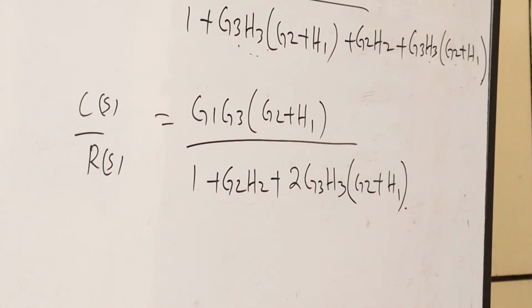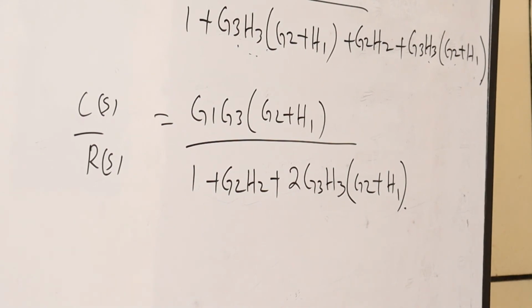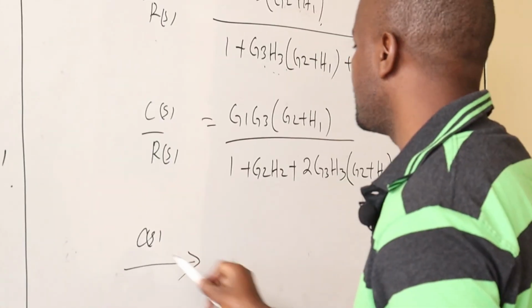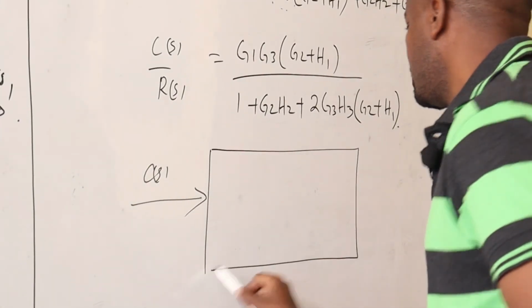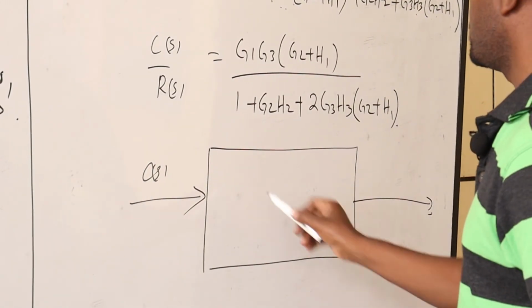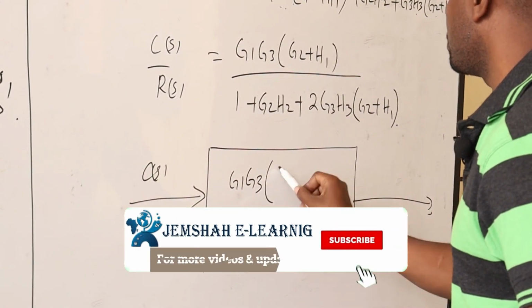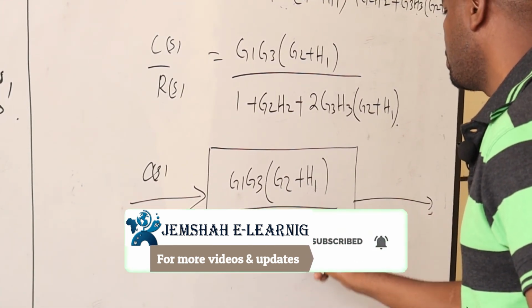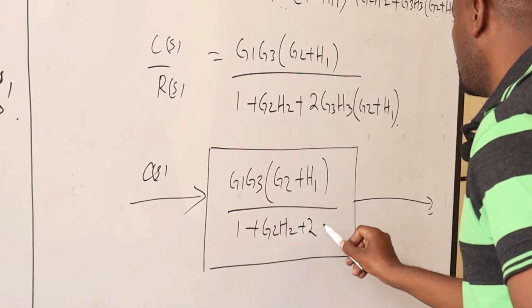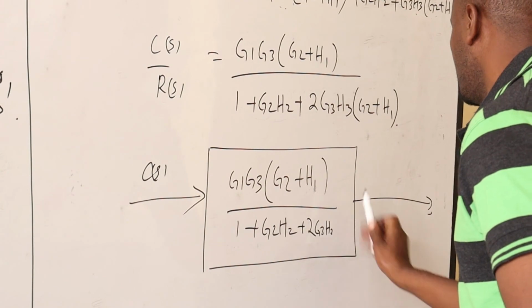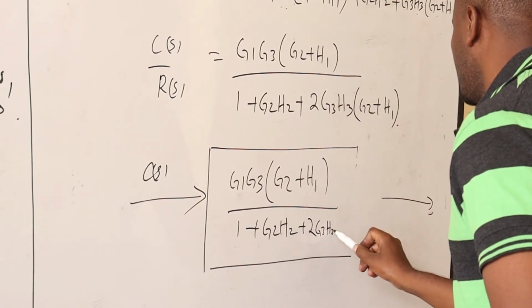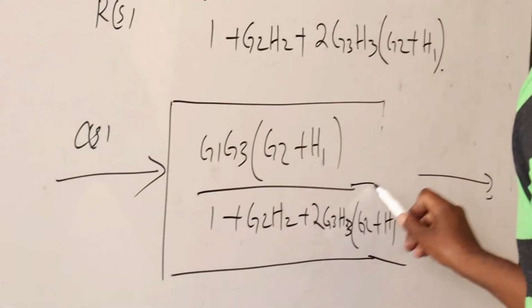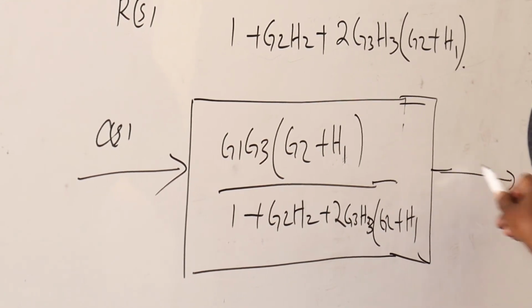You can conclude the block diagram by having your C of S getting into the big block, which is G1 G3 into G2 plus H1 over 1 plus G2 H2 plus 2 G3 H3 into G2 plus H1.